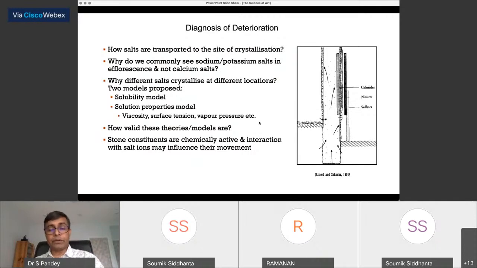When you have a situation like groundwater, with all the salts in the same solution, viscosity, surface tension, vapor pressure will be the same for everything. It can't act differently for the same solution. And therefore, there has to be something else that leads to this fractionated crystallization of salts.